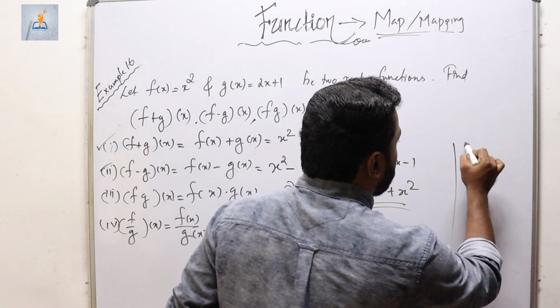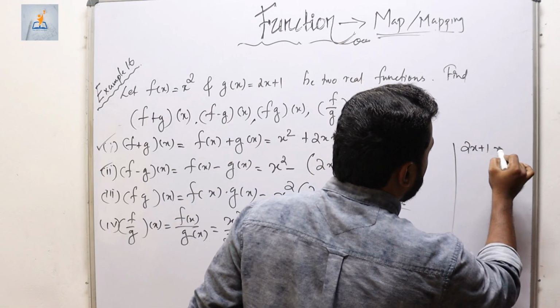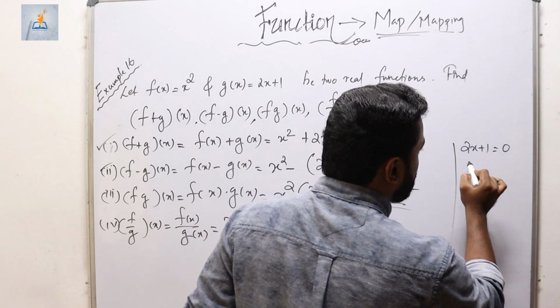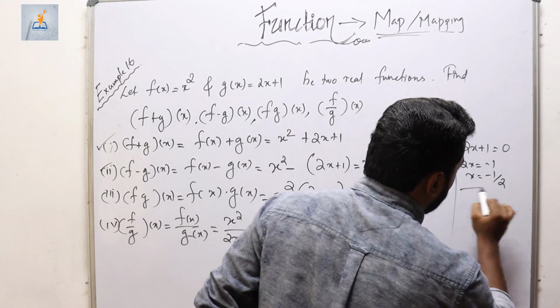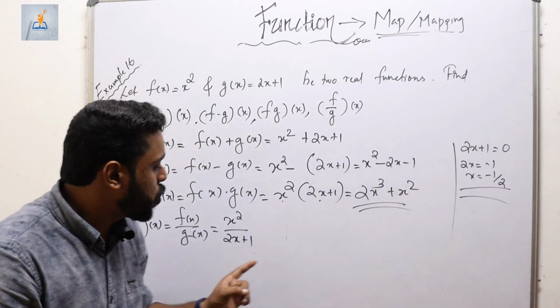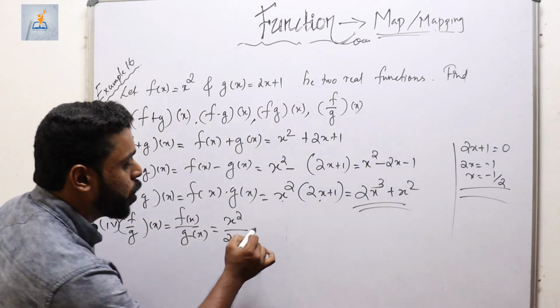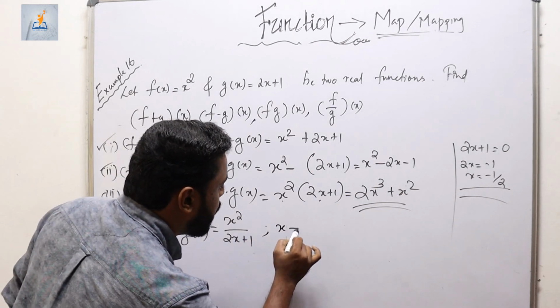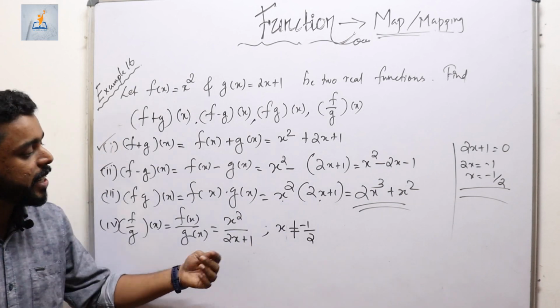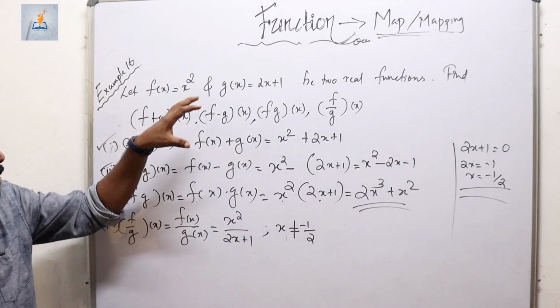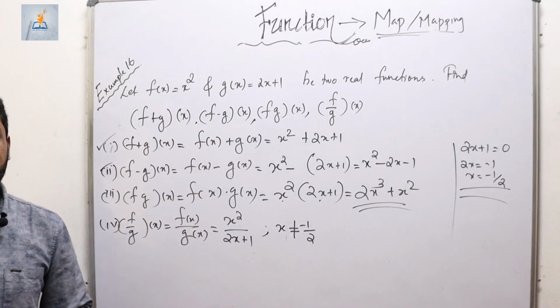We know that the denominator is nothing but 2x plus 1. It will be equal to 0 when 2x is equal to minus 1, x is equal to minus 1 by 2. So the denominator will be equal to 0 for x equal to minus 1 by 2. So we have to mention here x cannot be equal to minus 1 by 2, so that the denominator will never be equal to 0. So this is example number 16.